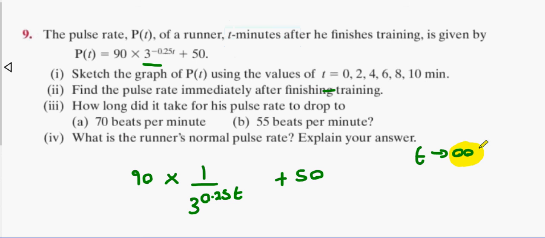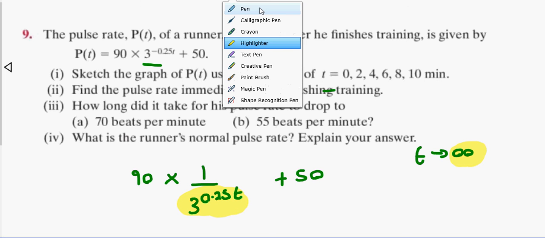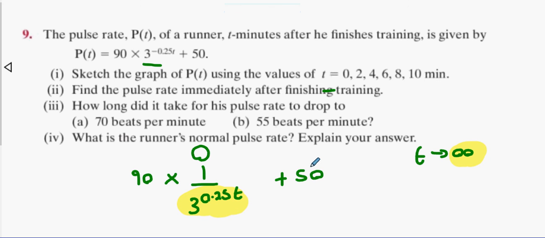If that gets really big, this gets really big. And what's 90 divided by a really, really big number? A really, really small number. That will be very close to 0. What's 0 plus 50? 50. Go with that?